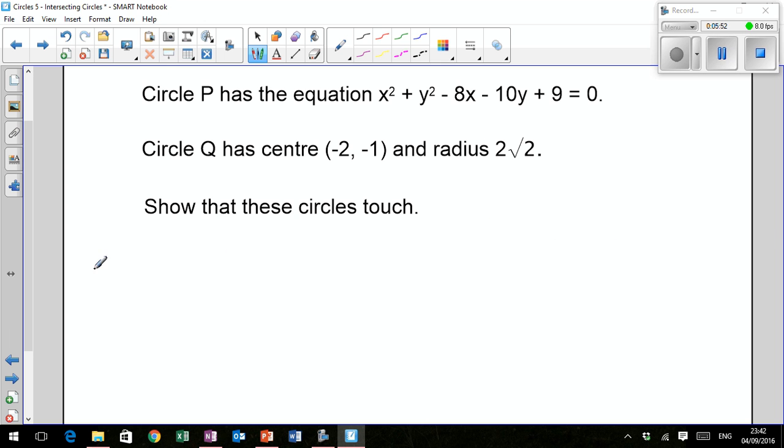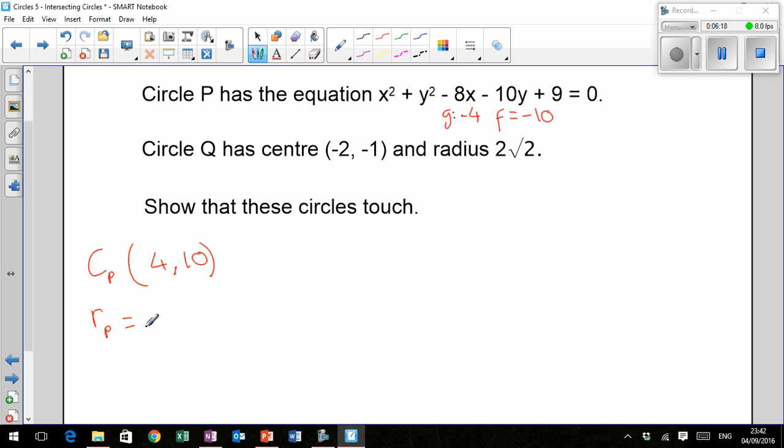Okay, firstly for circle P, we want the centre and we want the radius. Now the centre, G is going to be -4 and F is going to be -10. So the centre for P is just going to be 4, 10.